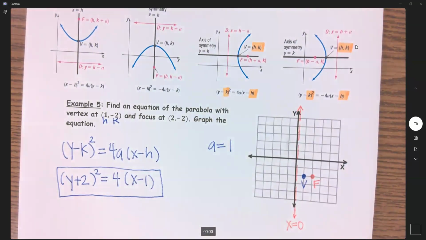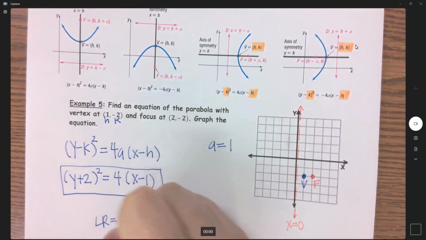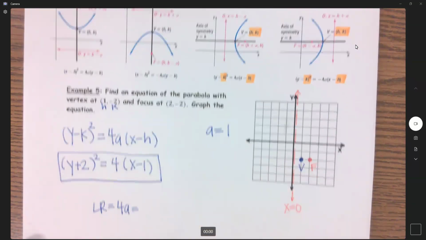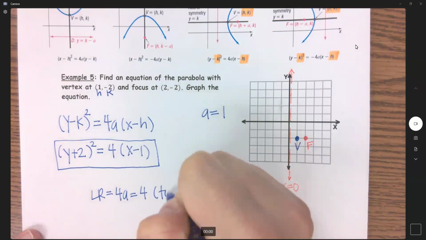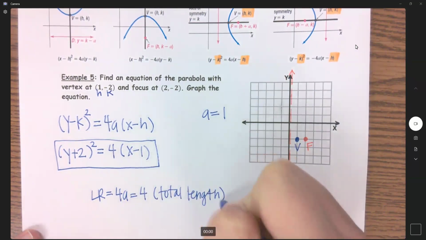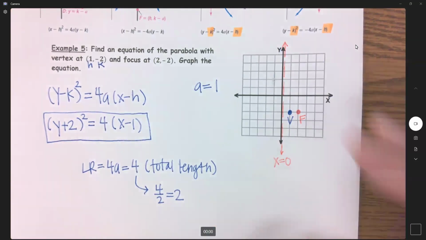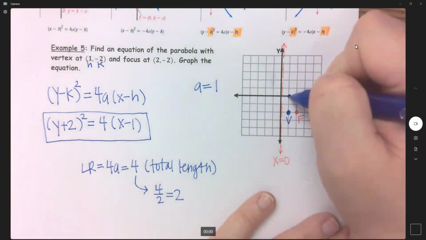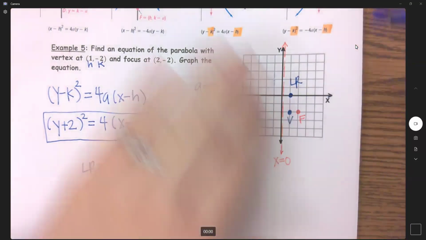And then we need our LR points. LR is 4 times a, and my a is 1, so LR is 4. So this gives me my total length. We're going to take this and divide it by 2 to get 2. So it tells me from this vertex, I'm going to go 2 up. Nope, just kidding.